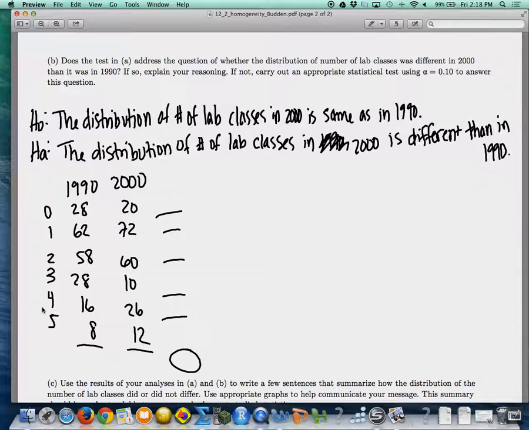You already know that your grand total is 400 because it's two samples of size 200. Yeah, so I guess you already know this is 200 and this is 200. Can I assume that you guys can calculate those expected values on your own? Okay, so right now put this table in matrix A. And then carry out the chi-square test.